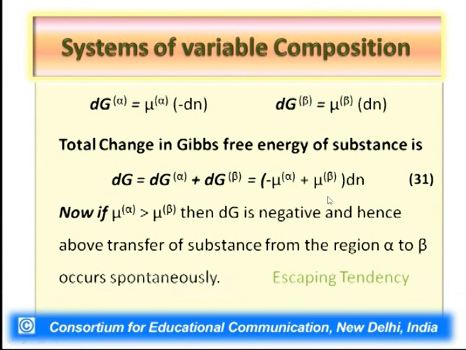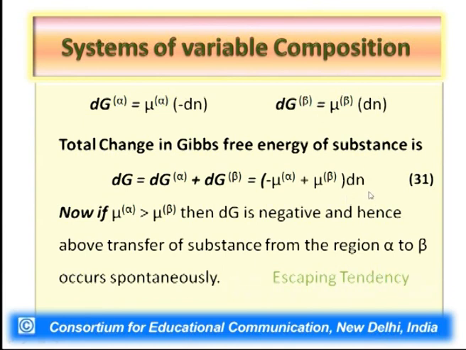So, minus mu alpha plus mu beta. Now if we say that mu alpha is greater than mu beta in magnitude, what does it mean? Then mu alpha, being greater and having a negative sign, means the bracket term is a negative quantity.